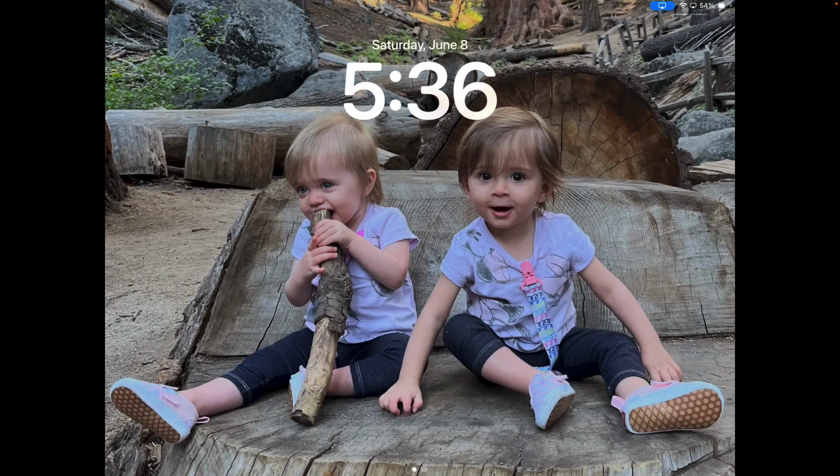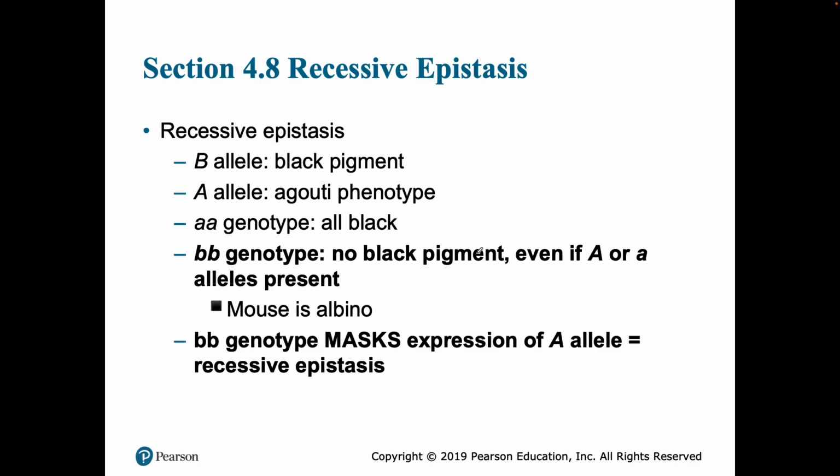All right, so just to refresh you one more time, what we're looking at, right? If an organism has, just looking at coat color, right? If an organism has 2 big A's, they're agouti. If they have 2 little a's, they are black.